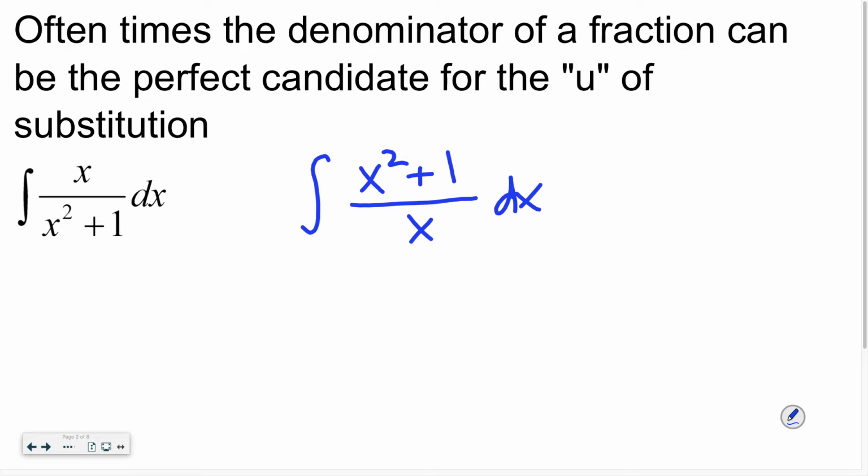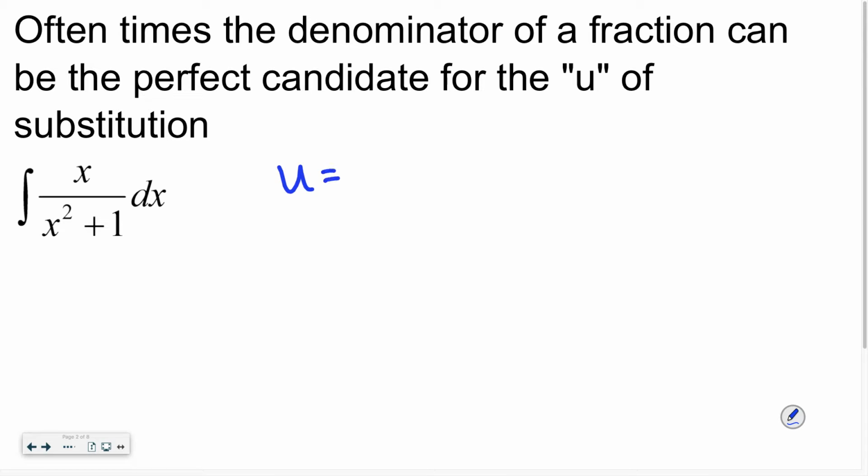That would be a very easy thing to do and use our power rule. However, when we have this over here, we don't have that option of multiplying the denominator through, because there's more than one term. When there's more than one term in the denominator, we really are pretty stuck with it. So what we can try is we can let u be that denominator.